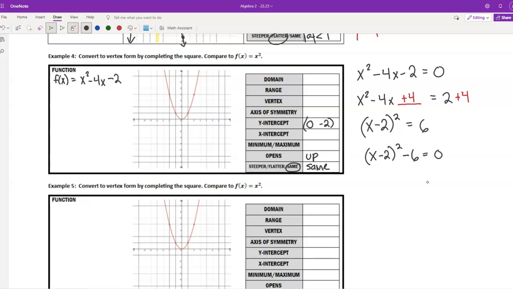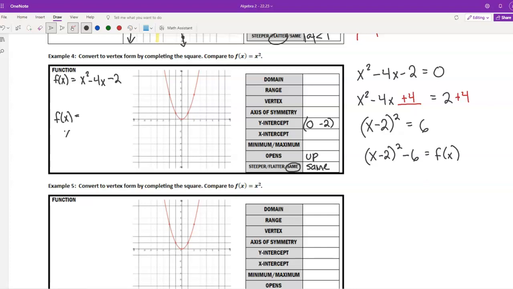So this is just that function rule. All right, I've just converted it, going through the steps, and now it is in vertex form.